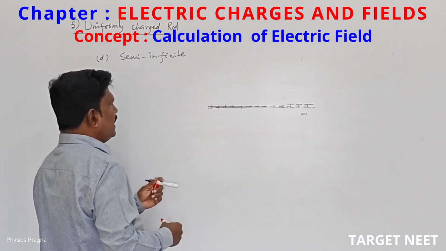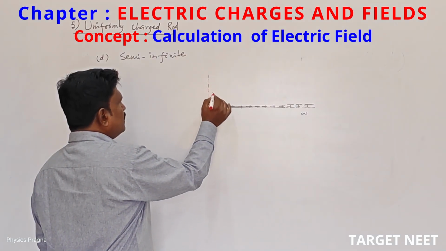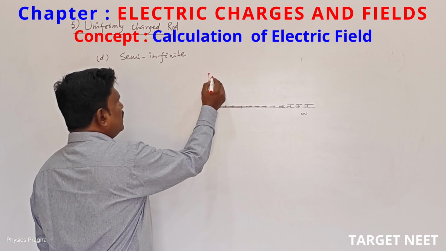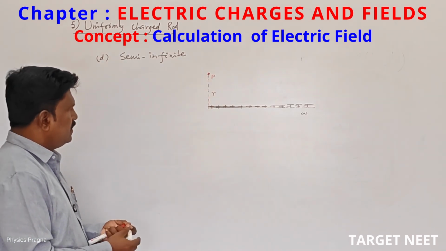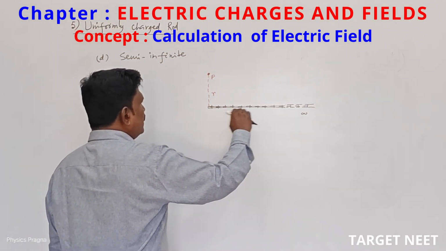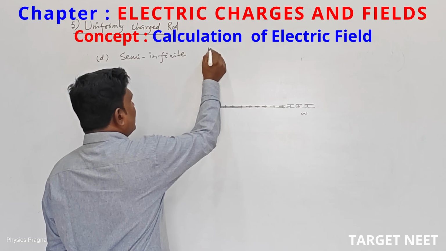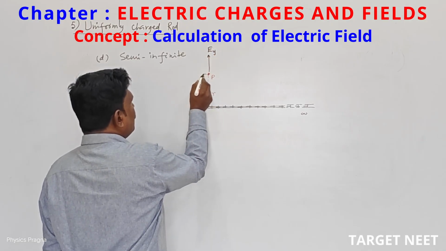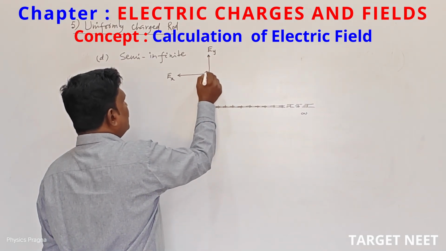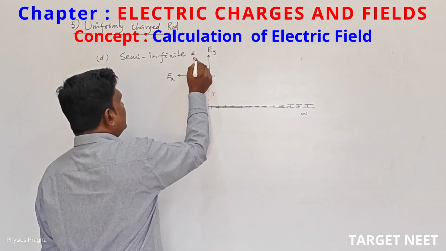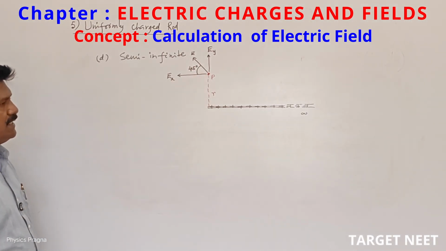At one end, at distance r, at point P, we have to calculate the electric field. Here, this is a positive charge. Away from the positive charge, this is the y component of the electric field, parallel to this one. This is the x component of the electric field, and this is the resultant electric field. This is 45 degrees. Don't forget this one.